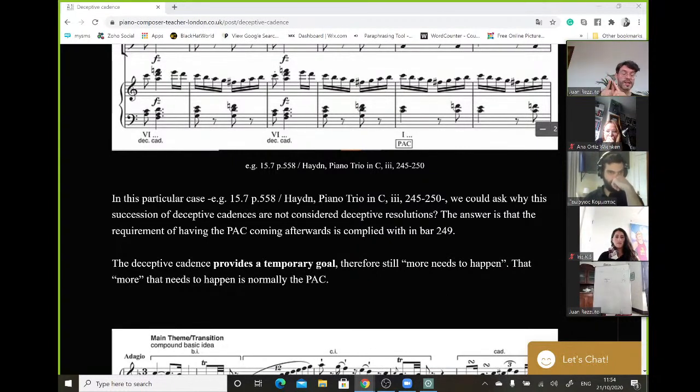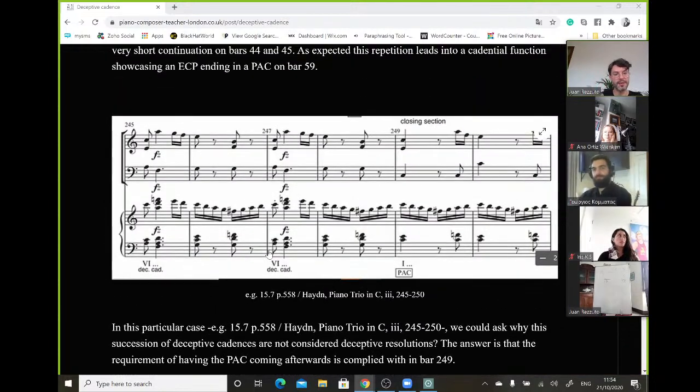See how we didn't label deceptive cadence when it happened afterwards, and we do label it deceptive cadence when it happens before. Remember the example that Giorgio spotted as part of the codetta: as it happened after the perfect authentic cadence, we didn't consider it a deceptive cadence. But now, as a repetition happening before, it can be a deceptive cadence.